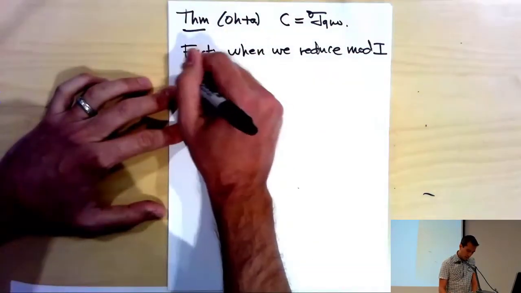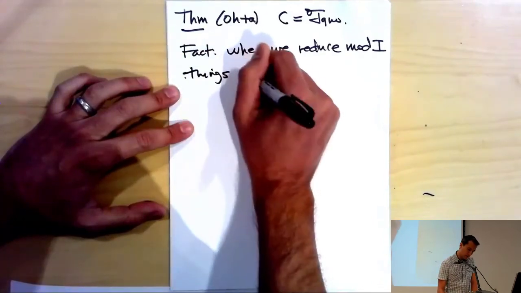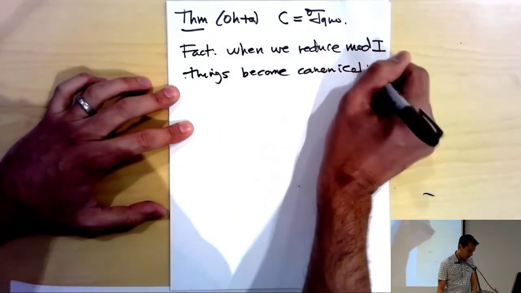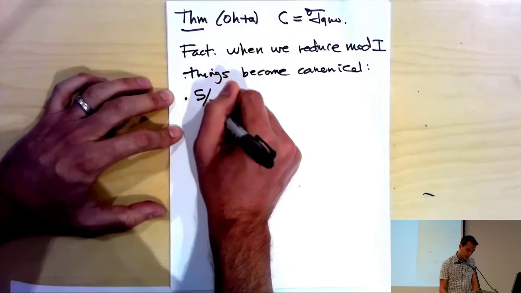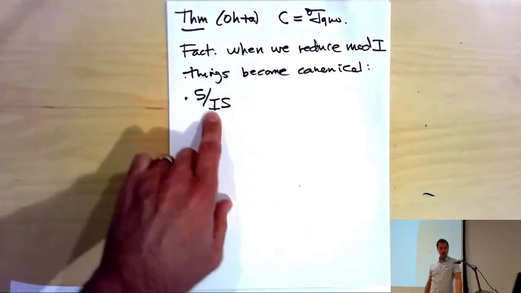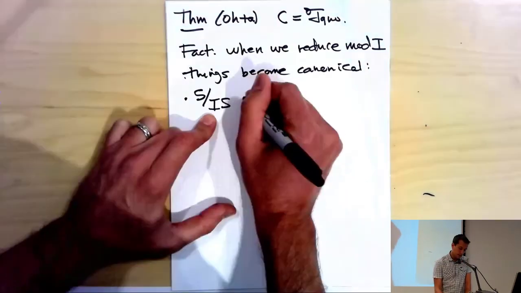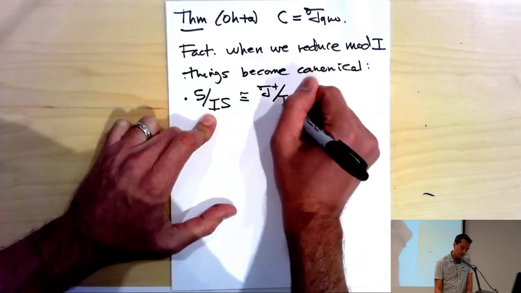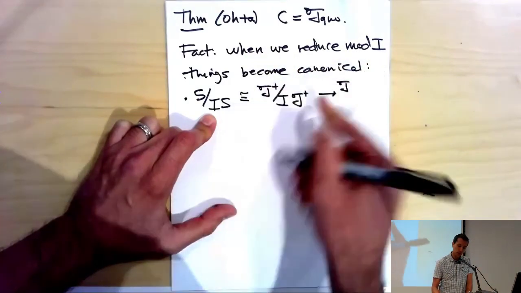So things become canonical. For instance, S mod IS, which was my inverse limit of plus parts of modular forms, is really, just by Poincare duality, T plus mod I T plus, the part fixed under complex conjugation.